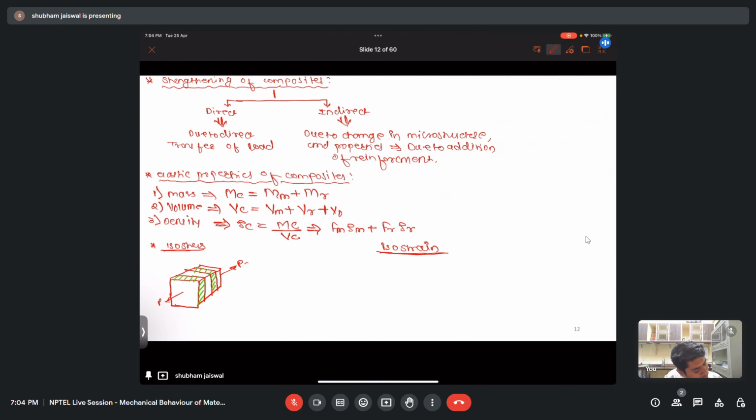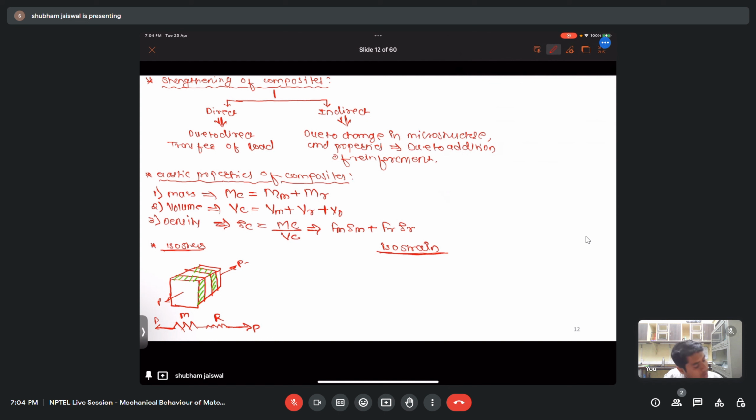So if I draw the spring model, this is P. Let's say this is for my matrix M, and this is for my reinforcement R. Here also I have applied.